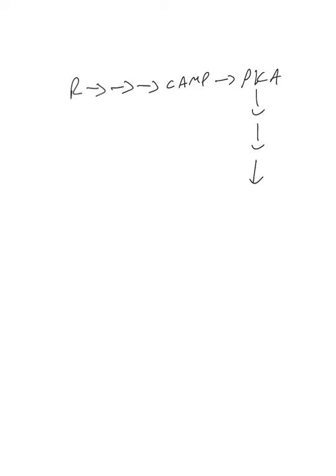So when we think about this pathway, we're always thinking about these downstream effects. And remember, one of the major downstream effects that we saw was phosphorylation of CREB and activation of gene expression.